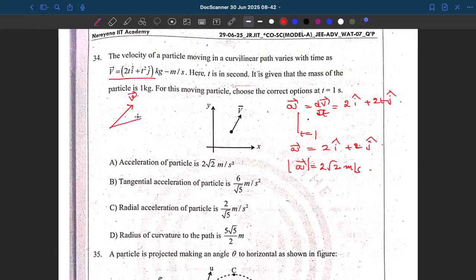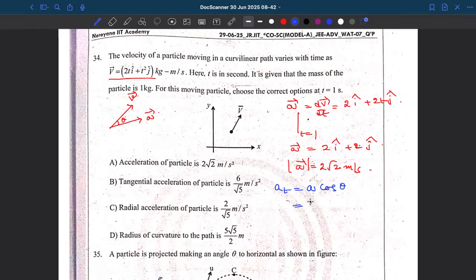At t equal to 1, this is your acceleration vector. I have given a clear knowledge for you about the tangential and normal accelerations in this case. What is the meaning of tangential acceleration? The one which is along V is tangential acceleration. So what is tangential acceleration? Actually, tangential acceleration is a cos theta.